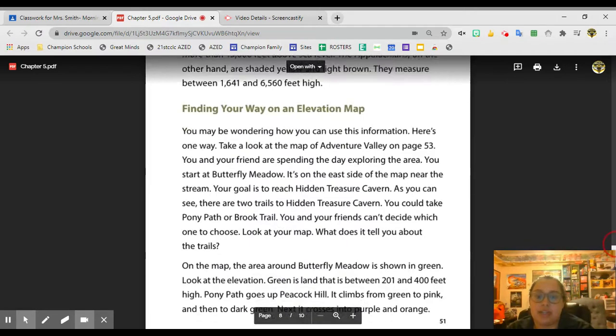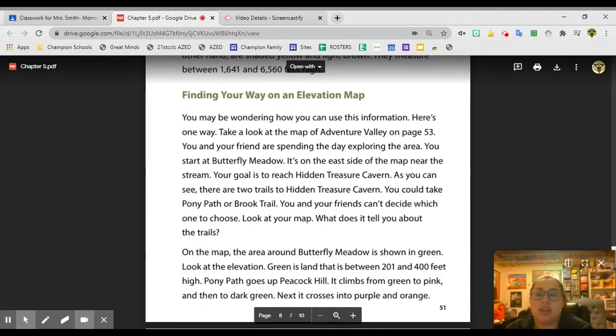Finding your way on an elevation map. You may be wondering how you can use this information. Here's one way. Take a look at the map of Adventure Valley on page 53. You and your friend are spending the day exploring the area. You start at Butterfly Meadow. It's on the east side of the map, near the stream. Your goal is to reach Hidden Treasure Cavern.